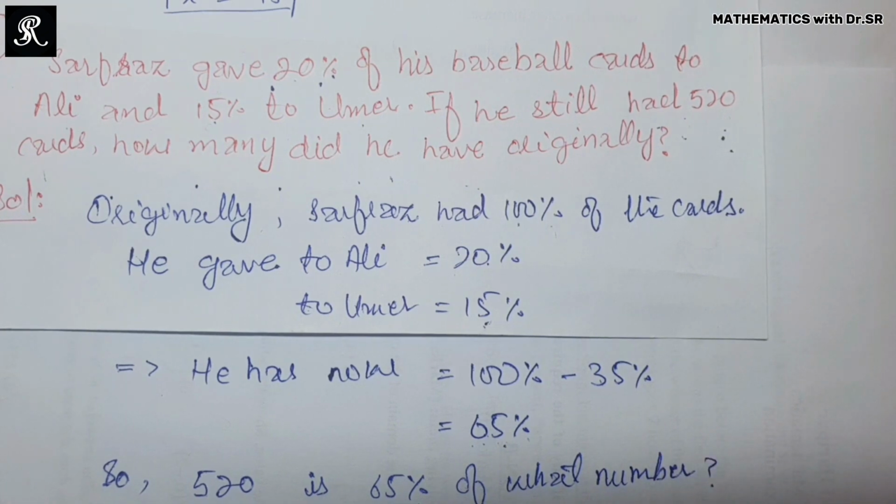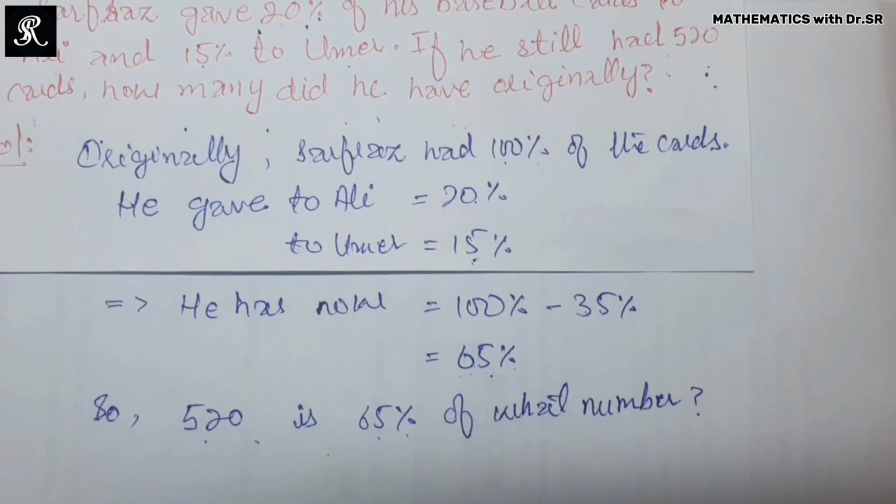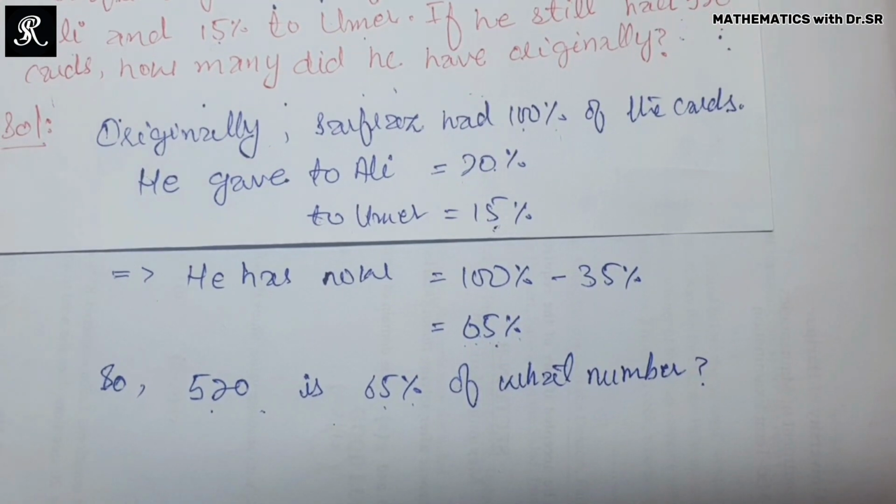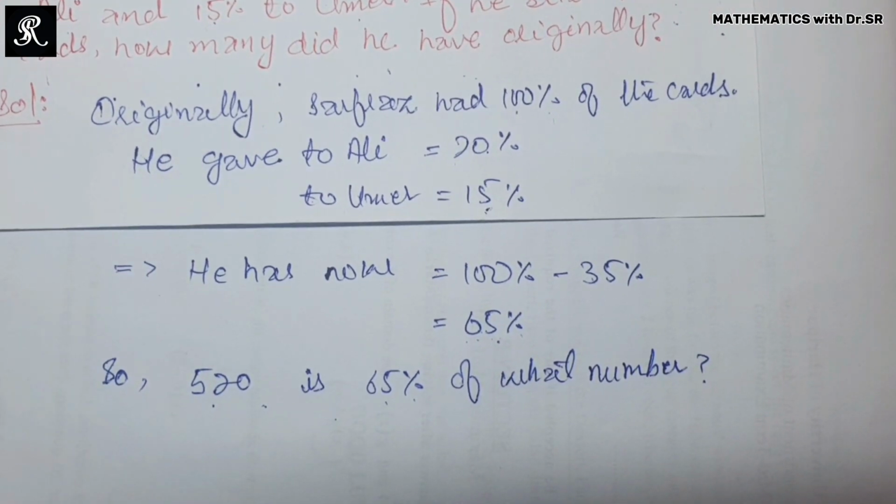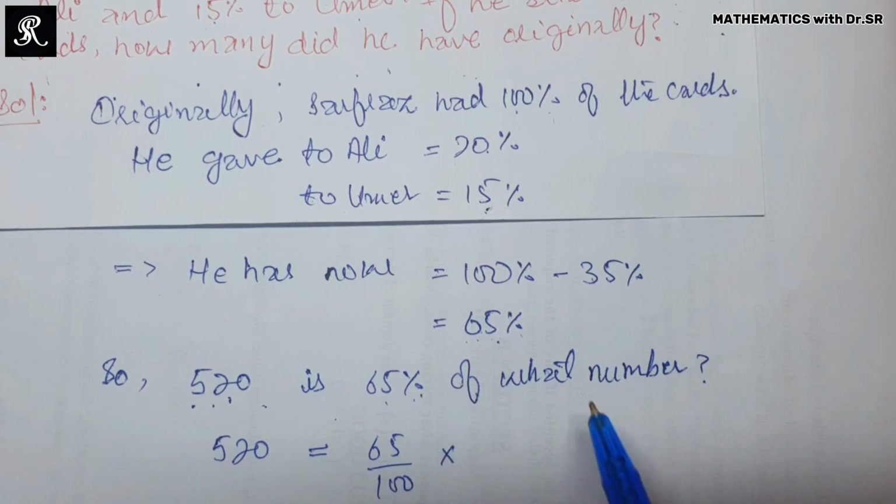And now here again we will use the replacements. So 520 is 65% of what number? X.